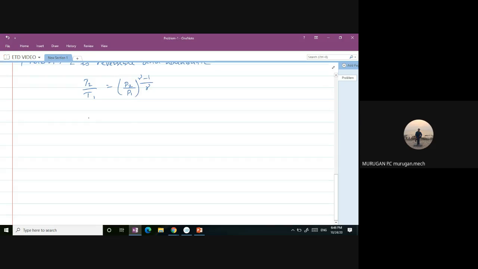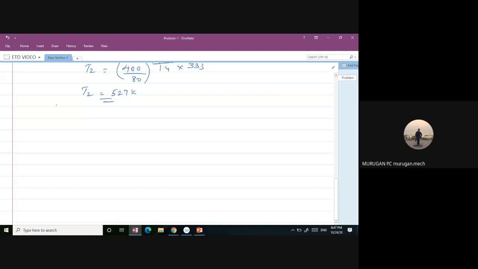The initial temperature is given. Now we can write it as 400 divided by 80, and we can assume the value for gamma as 1.4. After calculating all this data, the T2 answer is 527 Kelvin.